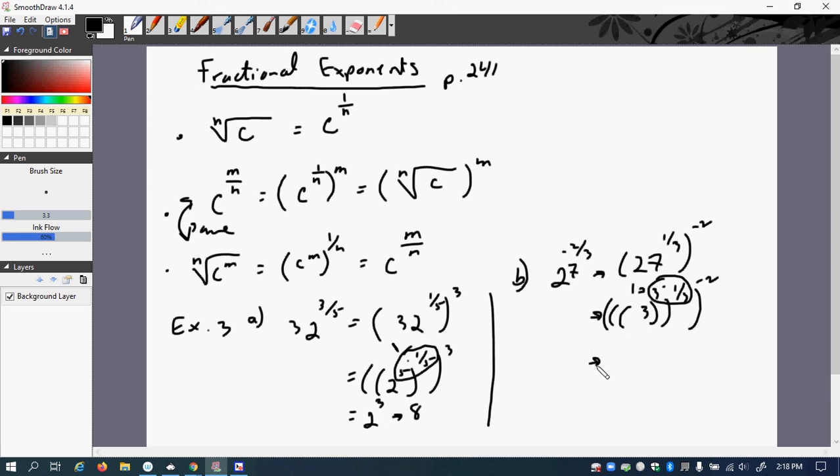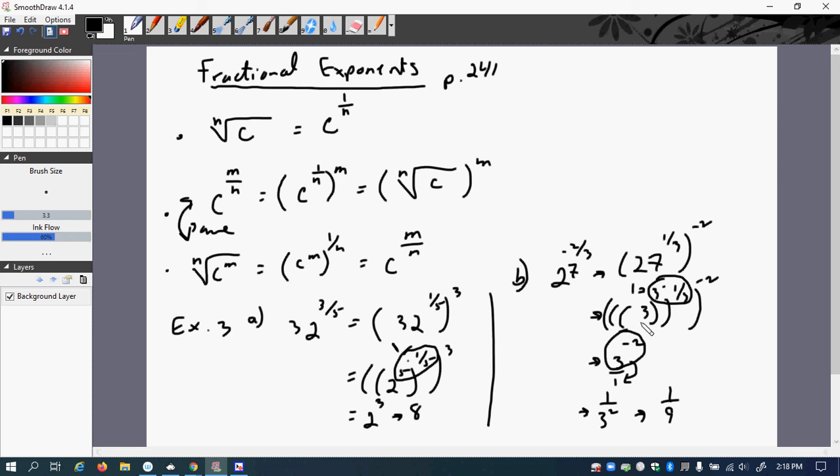And so all you get is 3 to the negative 2nd. And because this is a negative exponent, everything goes down to get rid of the negative in the exponent. So that's really 1 over 3 squared, which is really 1/9. And so this is how they do these particular problems.